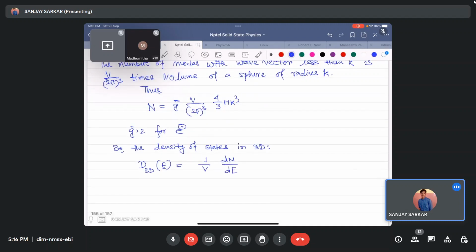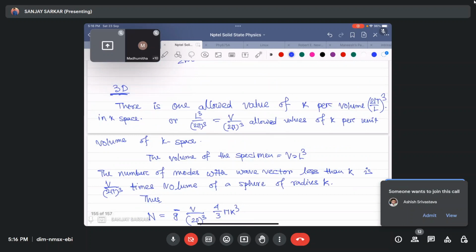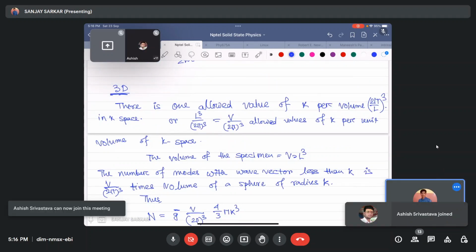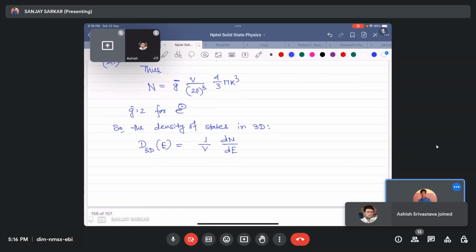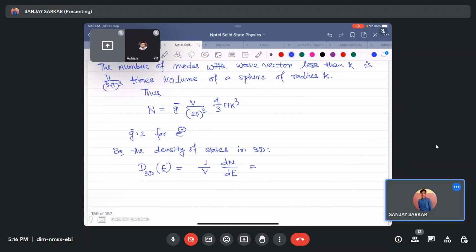So what we have said before, the density of states is the number of allowed states per unit volume per unit energy for a particular energy. So density of states is defined by this, 1/V into ∂N/∂E. For any system we will calculate by this formula, and so you need to calculate ∂N/∂E.